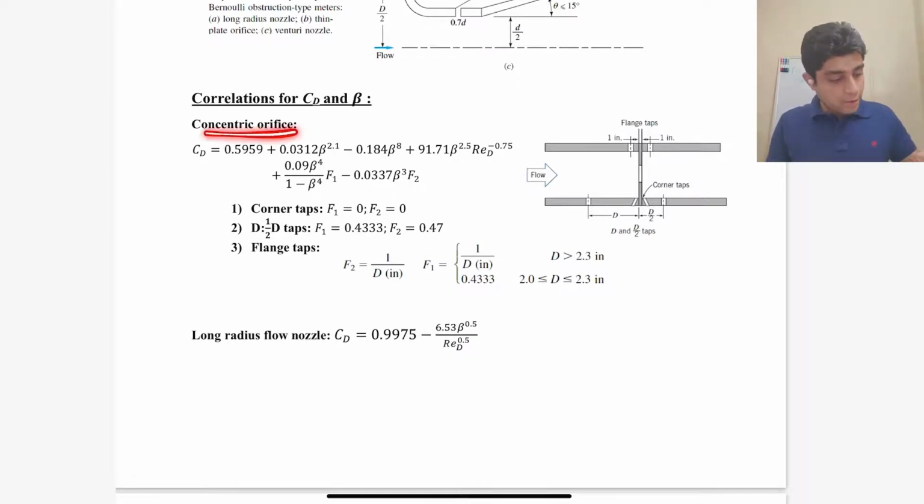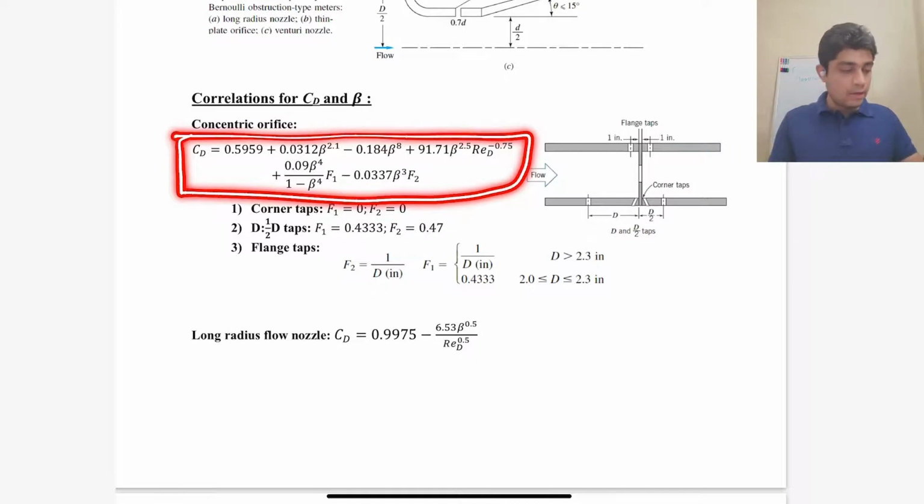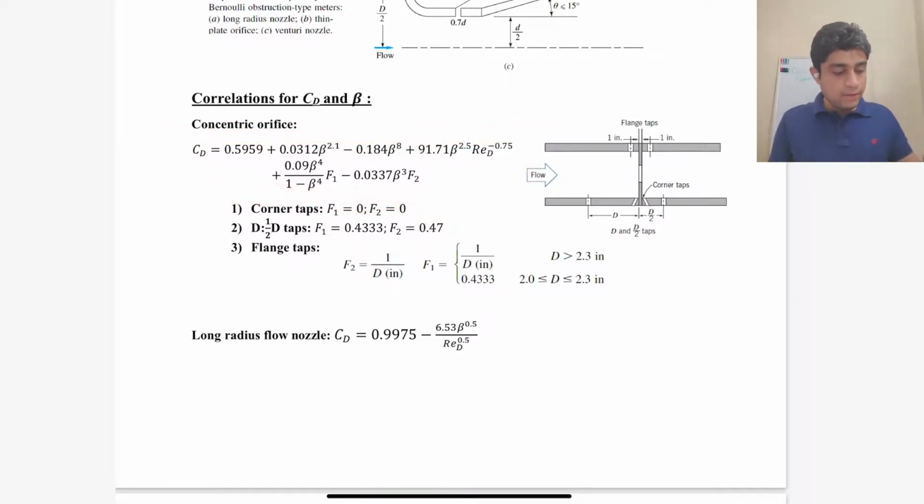So let's say for a concentric orifice, the coefficient of discharge has this complicated form, which is found by basically curve fitting the experimental data, and this form is different depending on where we place our pressure taps in the orifice meter.